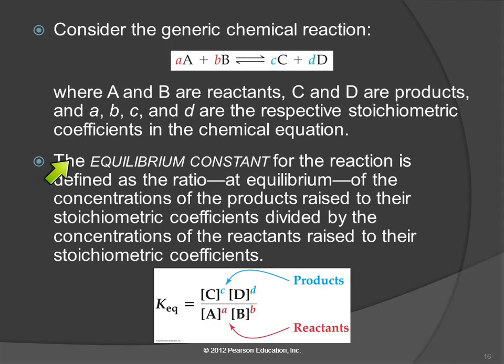We can talk about an equilibrium constant, and this is a ratio of concentrations of products to concentrations of reactants. Ratios can be expressed as fractions. So we've got the products divided by the reactants. When we put the chemical formula in brackets like this, it means concentration of. So the concentration of C, and that is raised to a power equal to the coefficient.